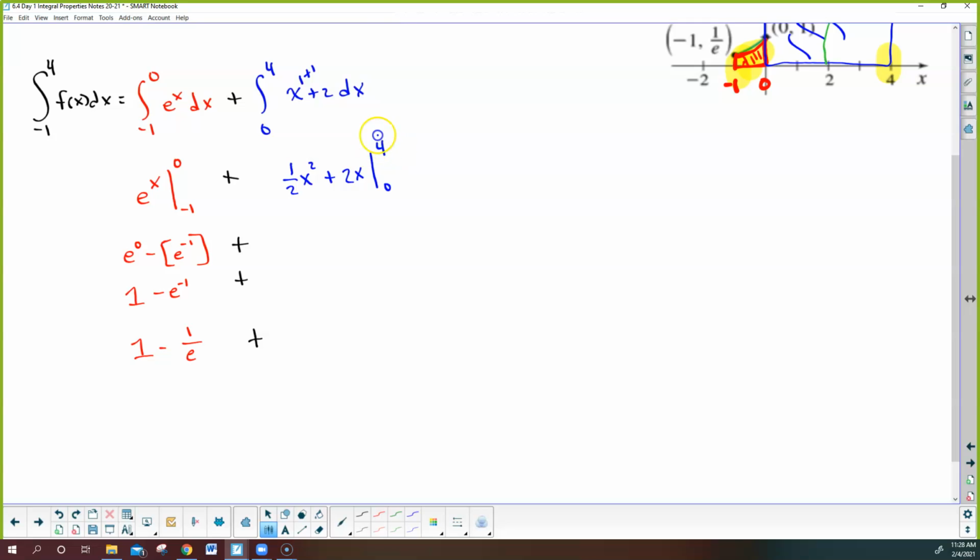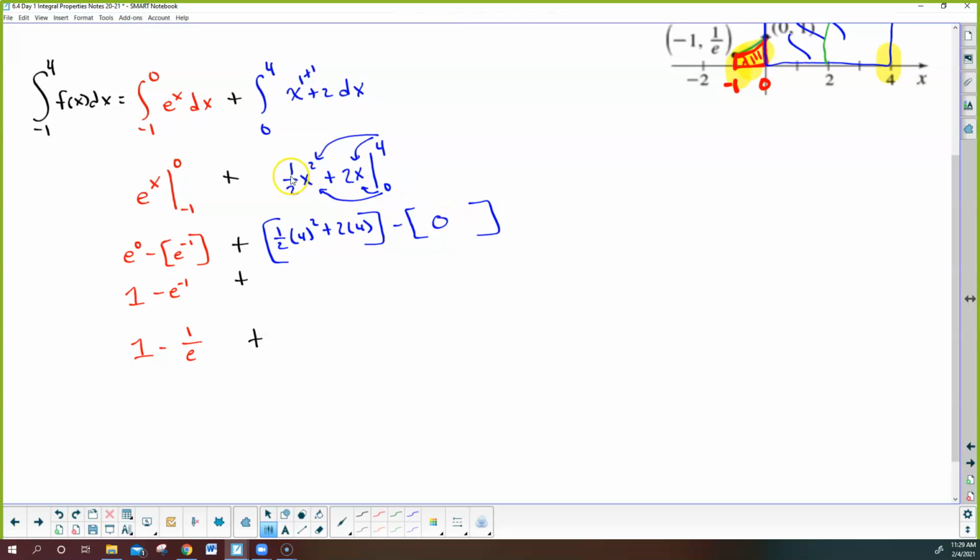I'm going to evaluate it at 4 first. And I'm a big fan of thinking of this in terms of brackets. And then I'm going to plug in 0. But I know if I do 0 squared and 0 times 2, that whole piece is going to give me 0.